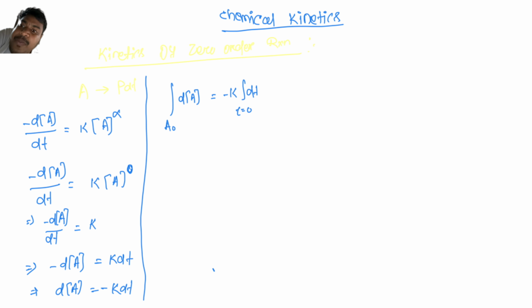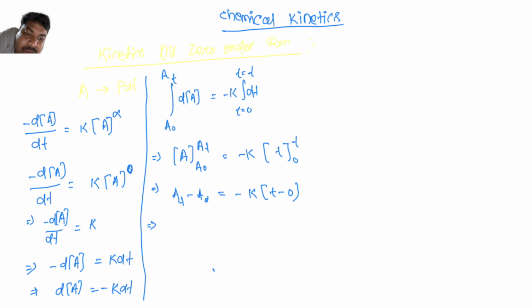When t equals some time T, the concentration of reactant will become concentration of A at time T. Now the integration of dA will become A, from A naught to A at T, and minus K times t from 0 to T. Now putting the limits, we get A at T minus A naught equals minus K into T minus 0.